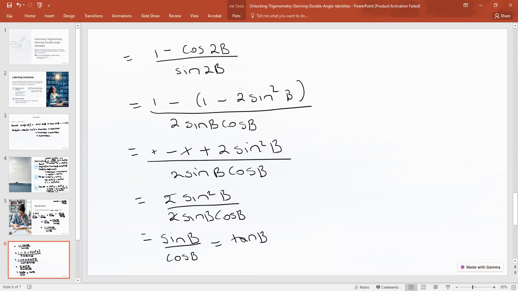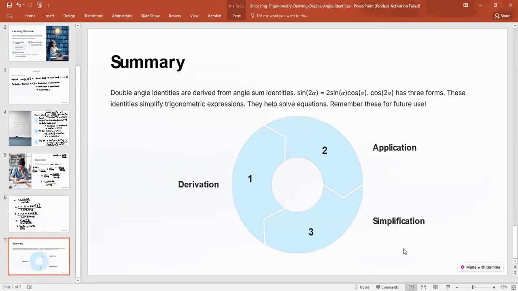So always remember where you are heading to and what you have at hand, what double angle identities you can use to be able to simplify a given trigonometric expression. So this is the end of the proof. What have we learned throughout the session? We have learned that sine 2 alpha is equal to 2 sine alpha cos alpha.